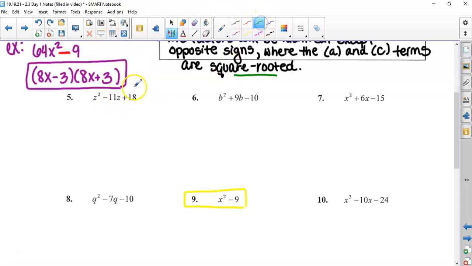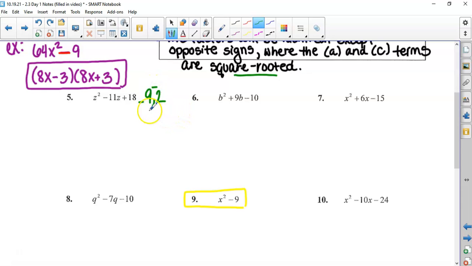So I know that 9 and 2, this is the first one that came to my mind, 9 times 2 is 18. I am looking to multiply to a positive 18, but add to a negative 11. Remember, when C is positive, both factors are positive or both factors are negative. So to add to a negative 11, I need this to be negative and this to be negative.